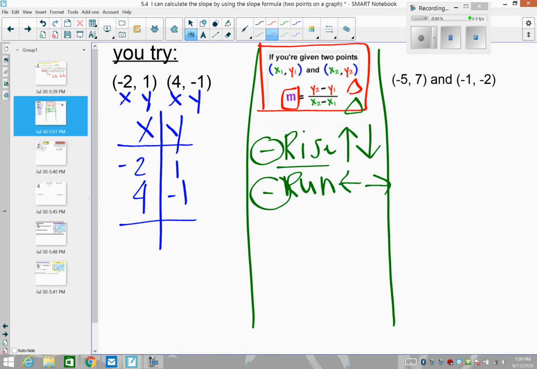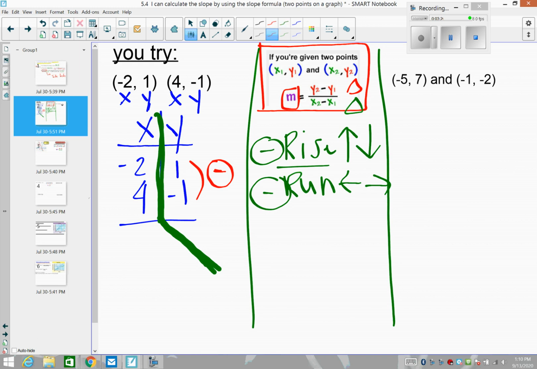Subtraction is the operation here, because we're finding the change in the y. Now the key is that you have to do the y's first. So when you make your table, I'm going to ask that you draw the line down, and then I'm going to ask that you set it up just like this so that you make sure that you get this nice stacked slope. Just like this, down to the right.